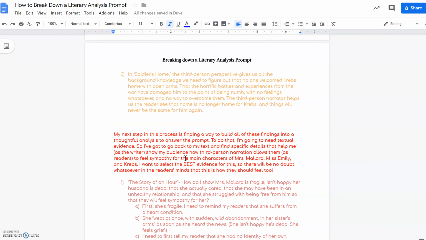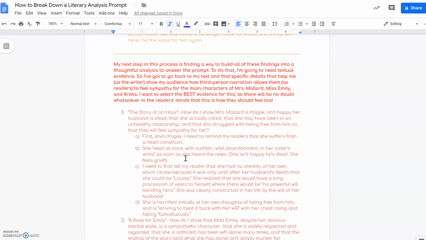So the last step in my process is to take my knowledge of third-person narration, take my knowledge of how it would be different if it was in first-person narration, and take the knowledge that the third-person perspective helps us see them sympathetically to help us combine all of that together, all these findings, into an analysis to answer the prompt.